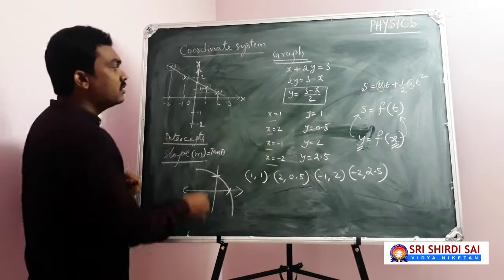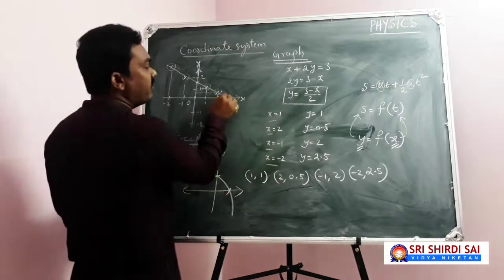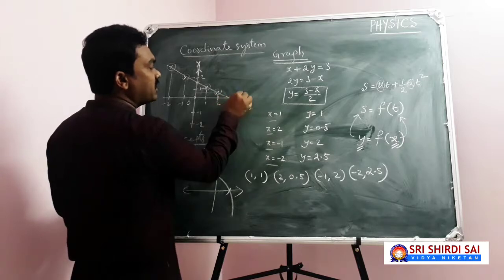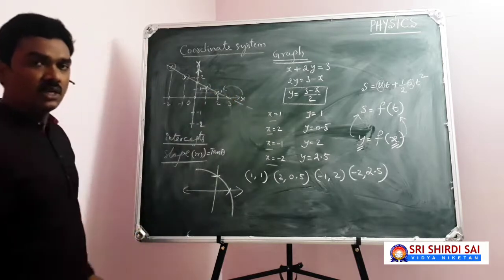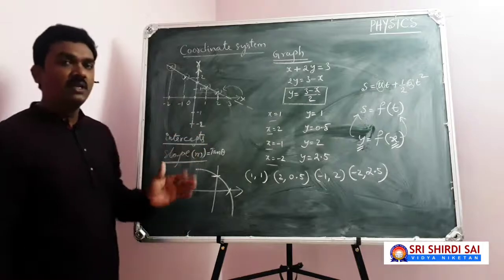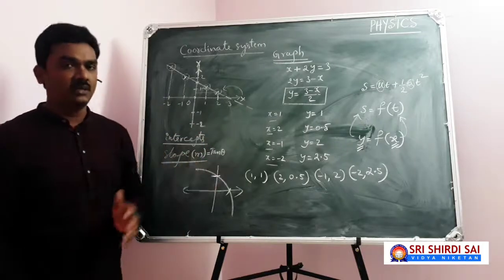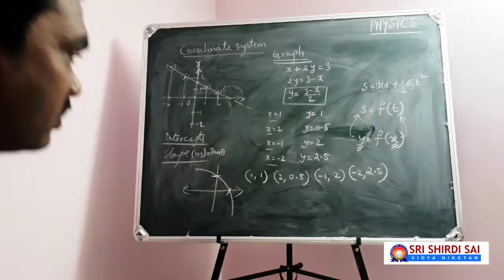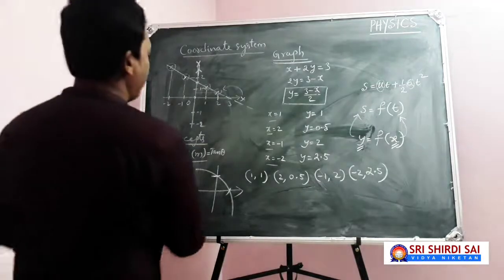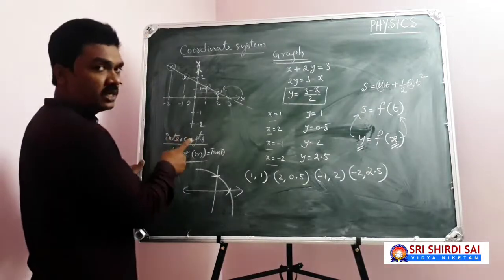And later, this graph will make some angle with the positive direction of the x-axis, I told you. Then the slope of the graph will be m equal to tan theta. We discussed a little about the concept of the slope of the graph. Hope it is clear.